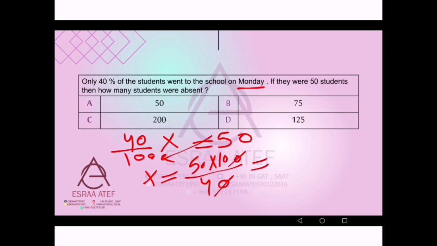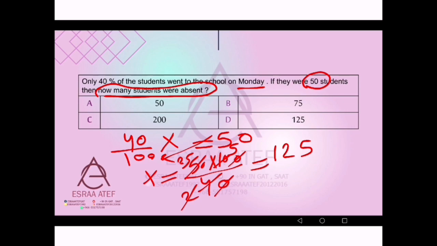Dividing by 2 and by 2 again gives 25 times 5, which is 125. He wants to know how many students were absent. 50 of them are present, so 125 minus 50 gives 75 absent.